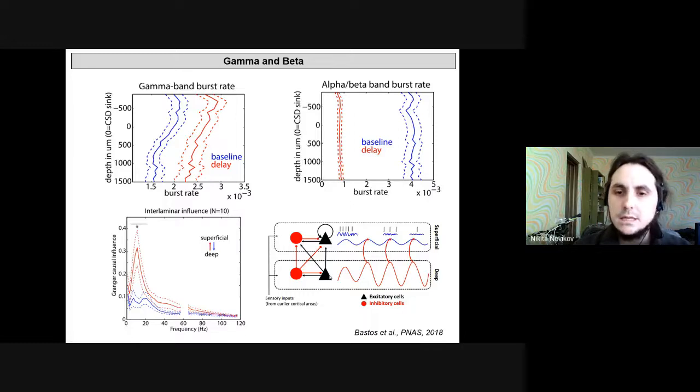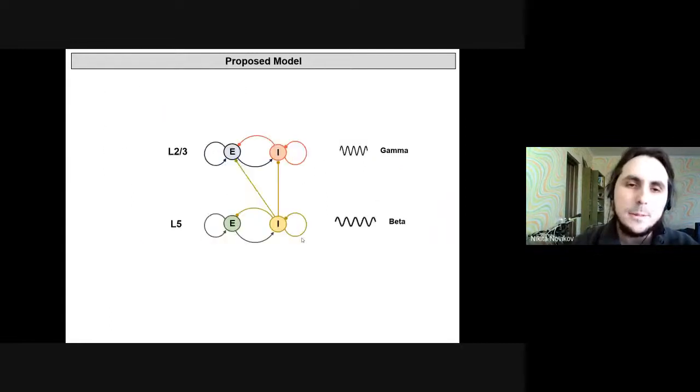So the idea is that we have some sort of beta generator in deep cortical layers, which inhibits gamma generation in superficial layers. This makes it insensitive to gamma band inputs, and thus it prevents loading or updating of information in the circuit. And this is basically what I want to model in this project.